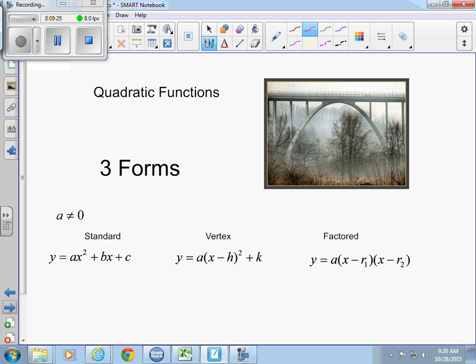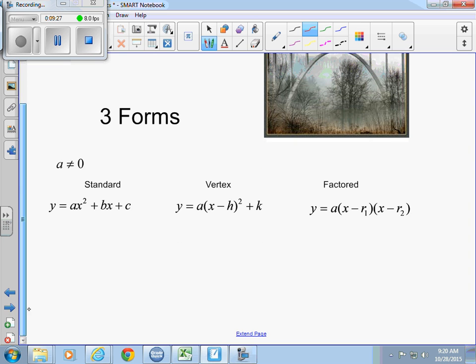There are 3 forms of a quadratic equation. There is standard form. We're pretty familiar with standard form, right? That's the quadratic formula stuff. Ax squared plus bx plus c is standard form. There is vertex form.